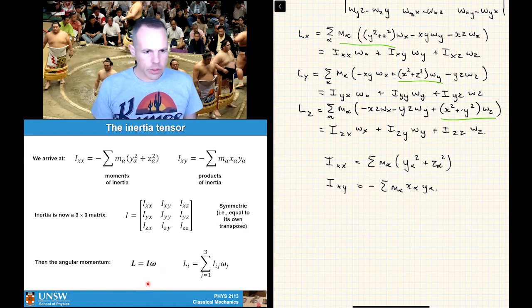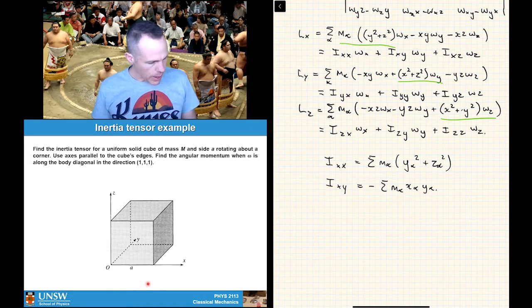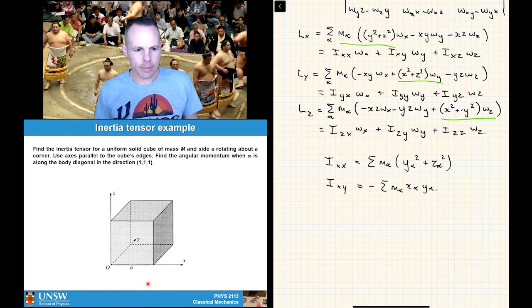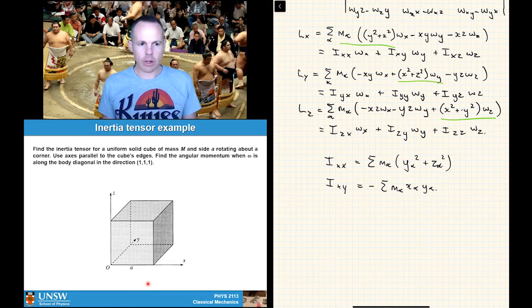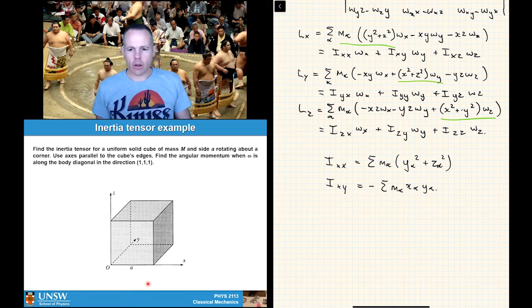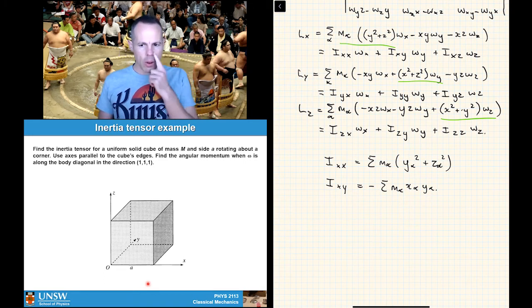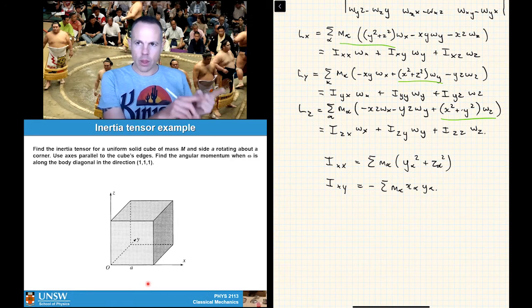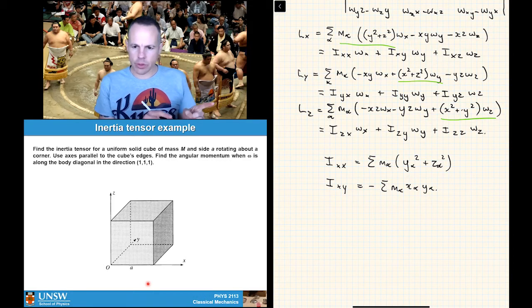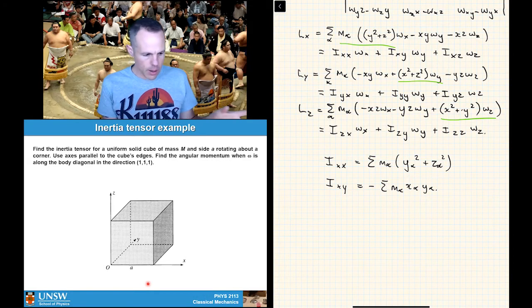All right, so this is actually a good point to do an example. And what I'm going to do is fairly typical sort of exam or assignment or just tutorial problem of here's an object, rigid body, calculate what the inertia tensor is, okay? And in a lot of these problems, what you're relying on is switching from a sum to an integral, because you're now dealing with some continuous object that's continuously distributed in mass.